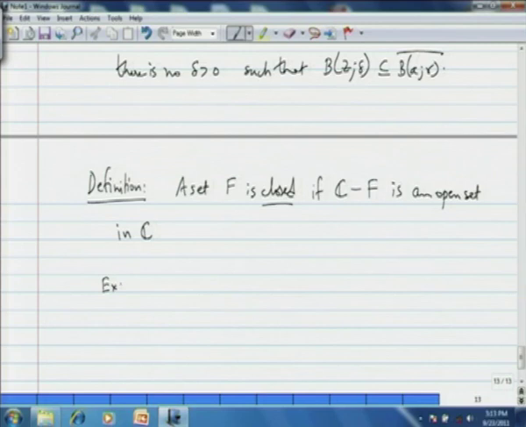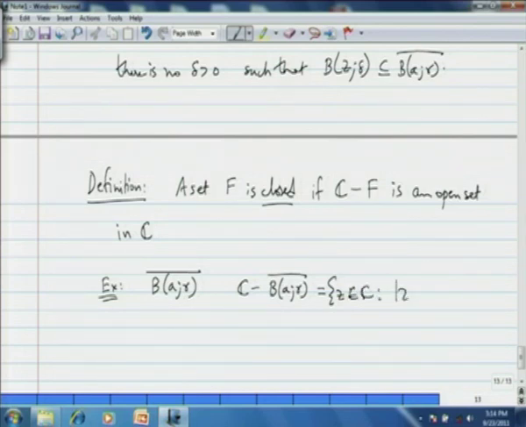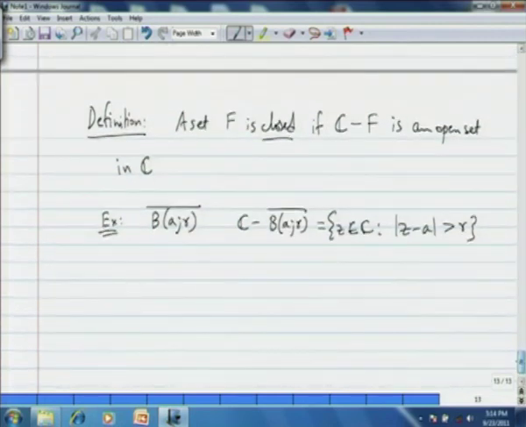So, for example, if you look at B A r bar once again, the complement of this in the complex plane is essentially the set of all points in the complex plane such that the modulus of z minus a is now strictly greater than r, which we said is an open set.